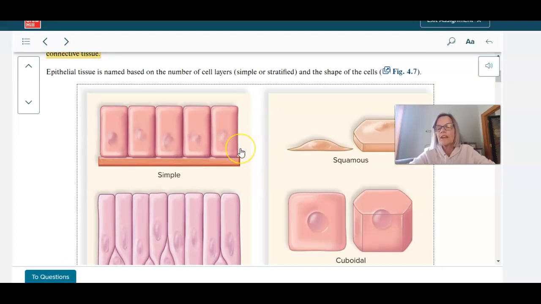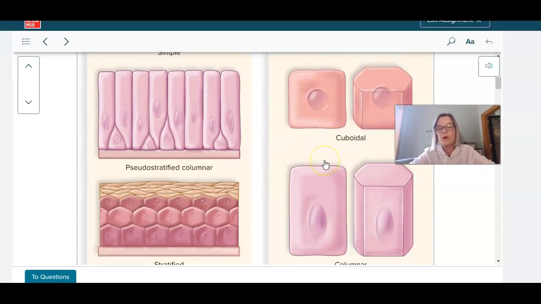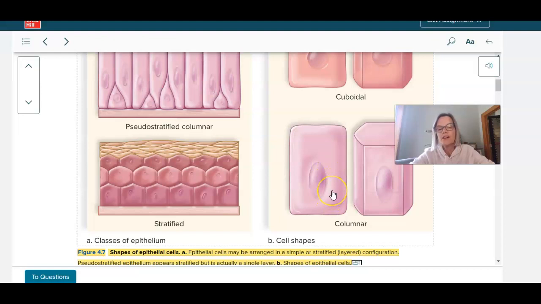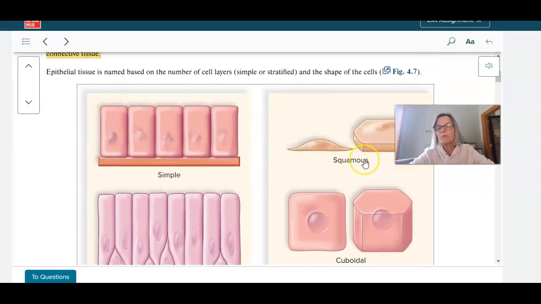The other word we look at when we're trying to name epithelial tissues is the shape of the cells. So if the cells are flat, we call them squamous or squamous, either word pronunciation is okay. If the cells are cube-shaped, they're cuboidal, and if they're elongated, they're columnar. So when you get down to it, in the simplest way, you can come up with 6 names for epithelial tissue.